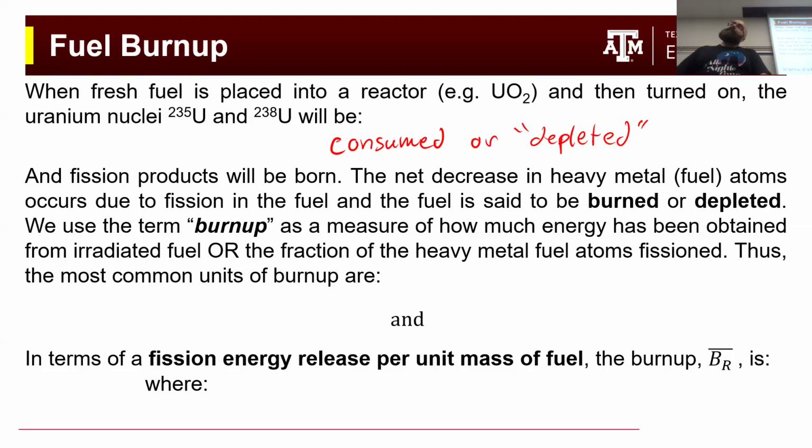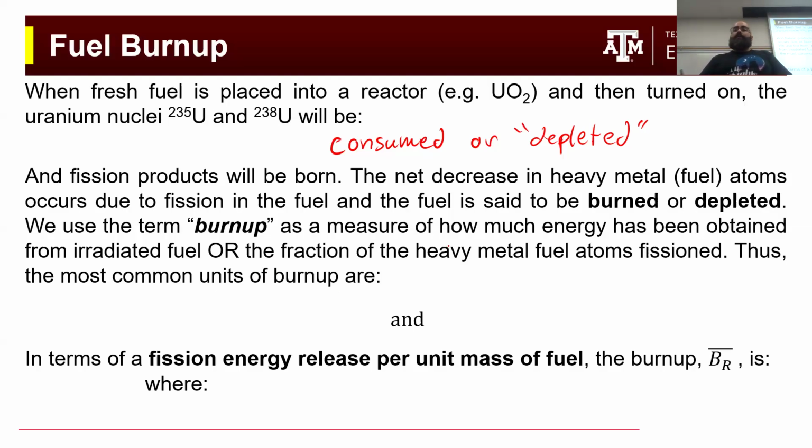So your fuel is getting burned up or depleted, and we use the term burnup as a nuclear engineering term. There are multiple ways that we can define it. One way is a measure of how much energy was obtained or extracted from the fuel.